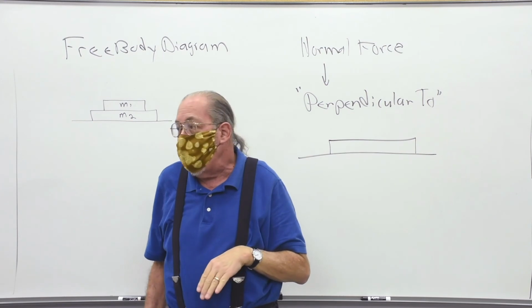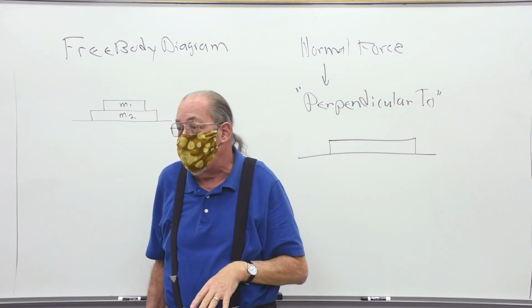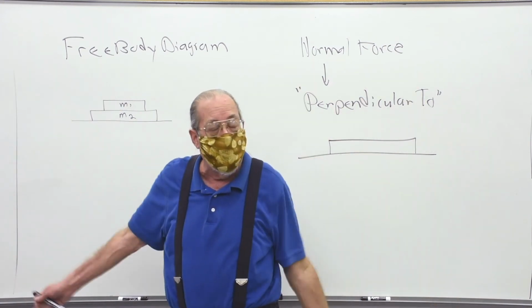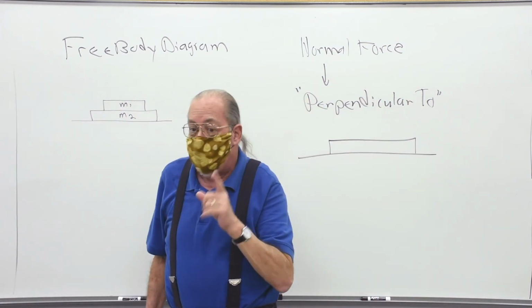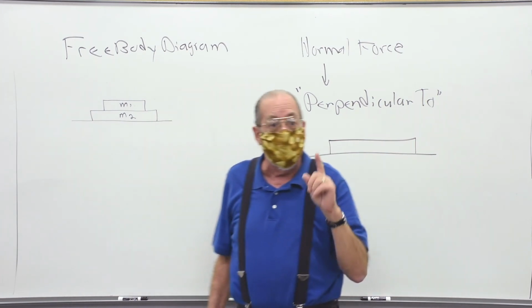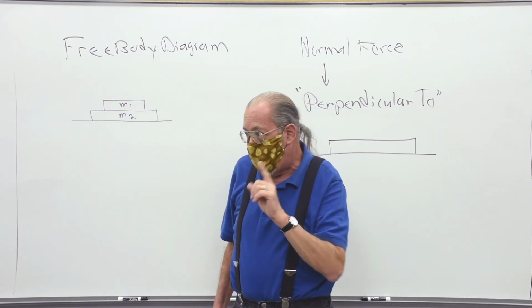Now, if I stand on a scale in outer space, the scale is going to read 0, but if I'm in an accelerated environment in outer space away from any gravity, then the scale may very well read something else. So the scale doesn't always read your weight either. Don't get caught with that.